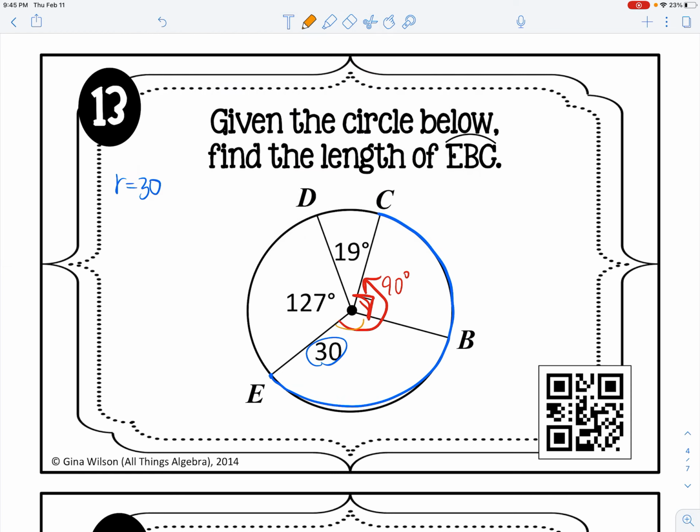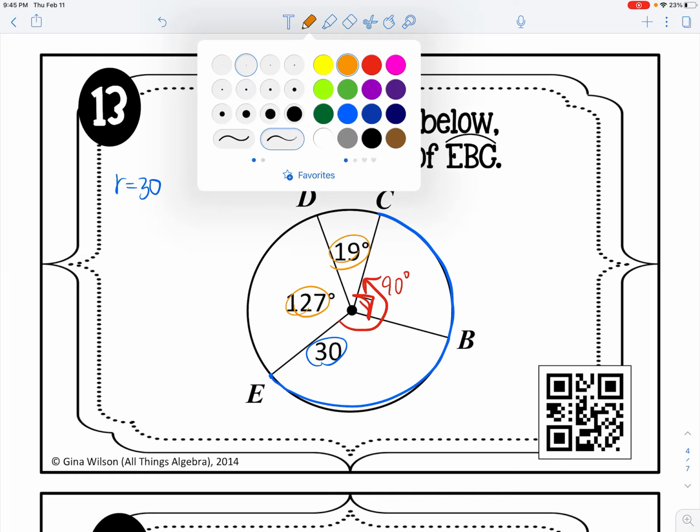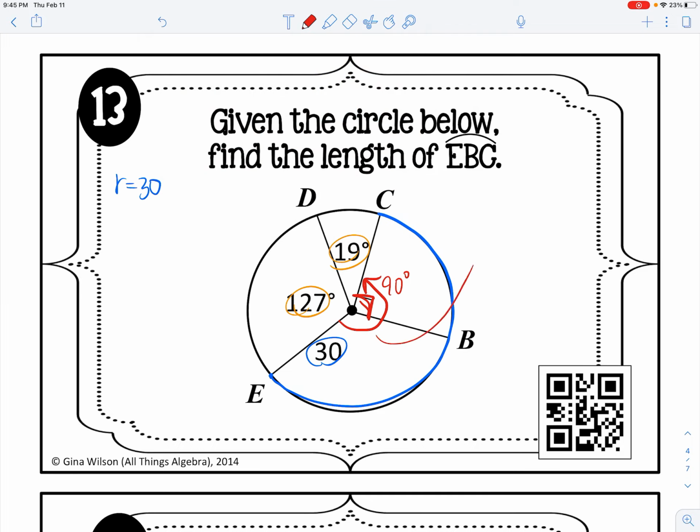A couple ways we can look at that. One is that we're using the whole circle except for these two angles. To get that red angle, we could do 360 minus 19 minus 127, and I got 214.